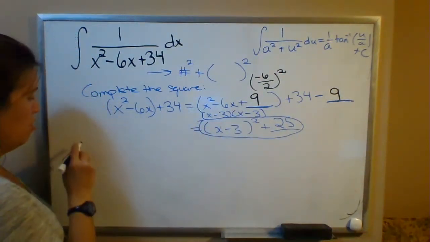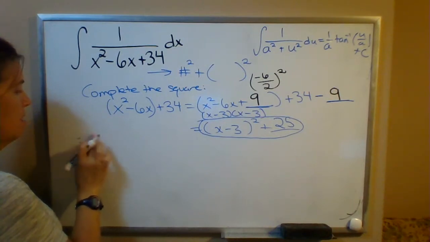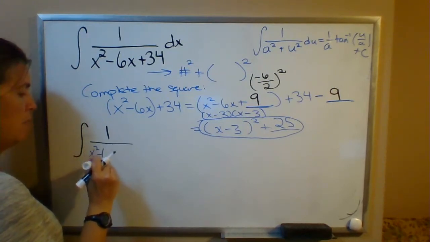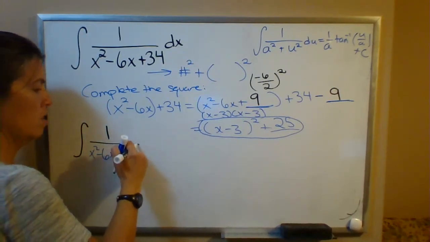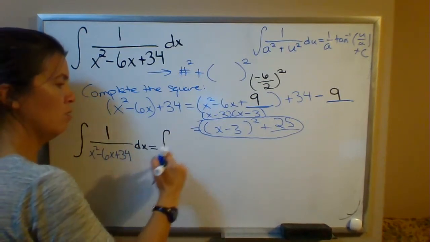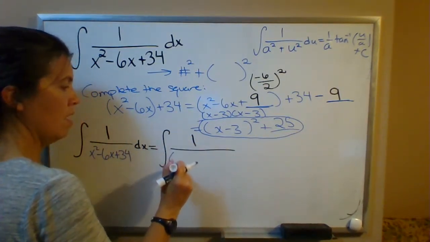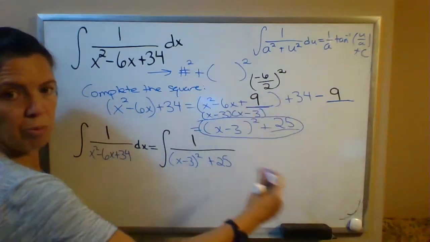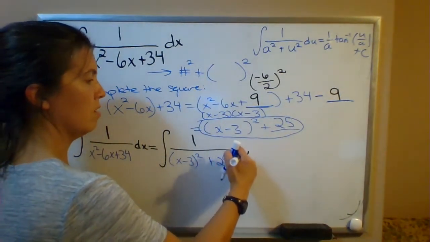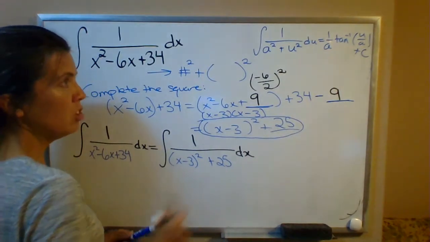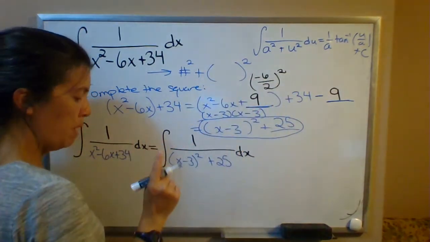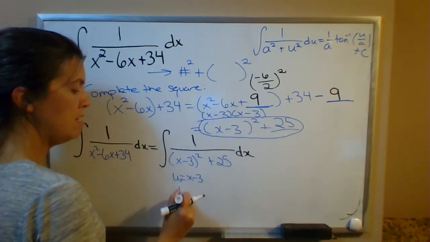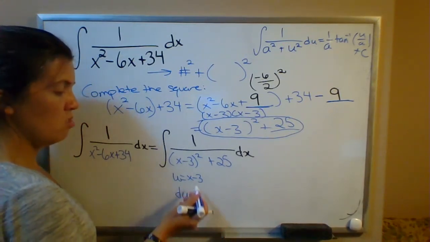That means this original integral, which I'll copy down here, the integral of 1 over x squared minus 6x plus 34 dx, is equal to the integral of 1 over x minus 3 squared plus 25, which we just found through completing the square, dx. Now this integral is in the form that we need, because u is equal to x minus 3, which means du is just 1 times dx.